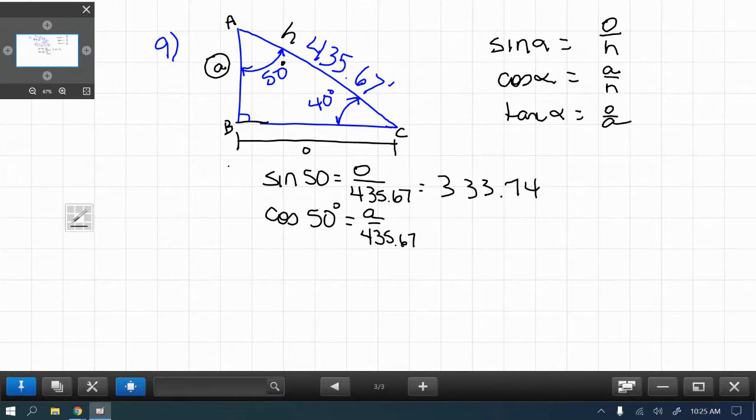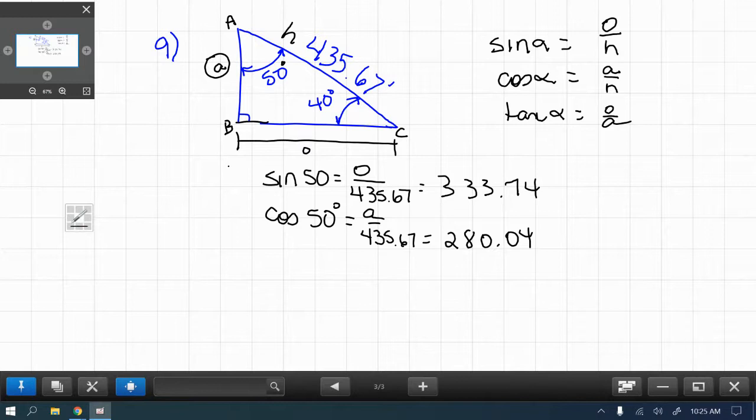So if I do cosine of 50, so there's my two numbers. So I didn't even use the sine. I didn't use 40. I could have took the sine of 40, which is opposite over hypotenuse, and you're going to get that exact same answer.